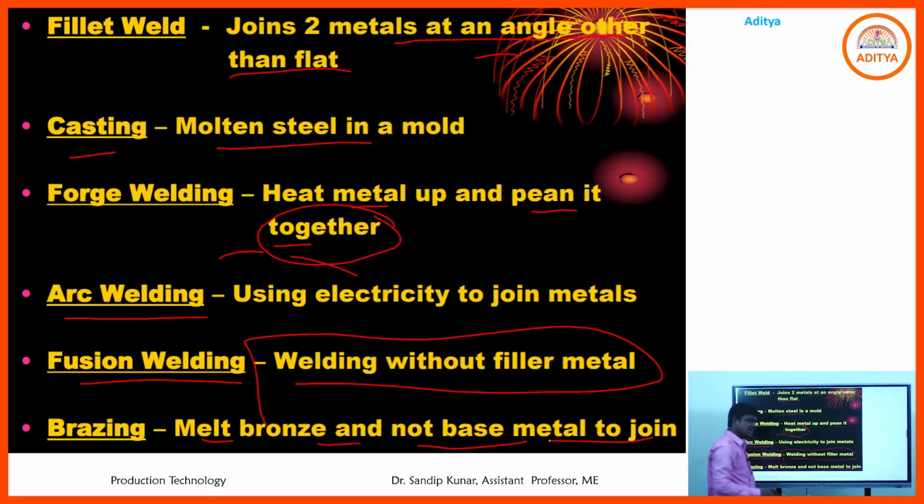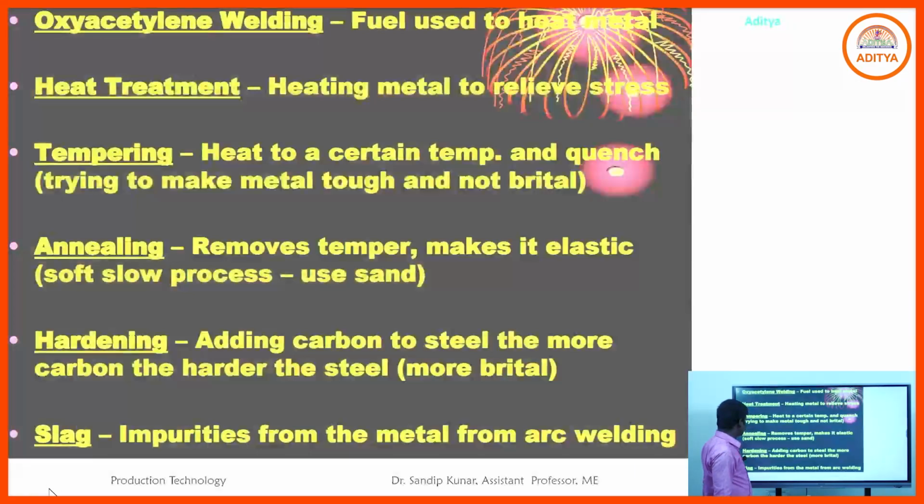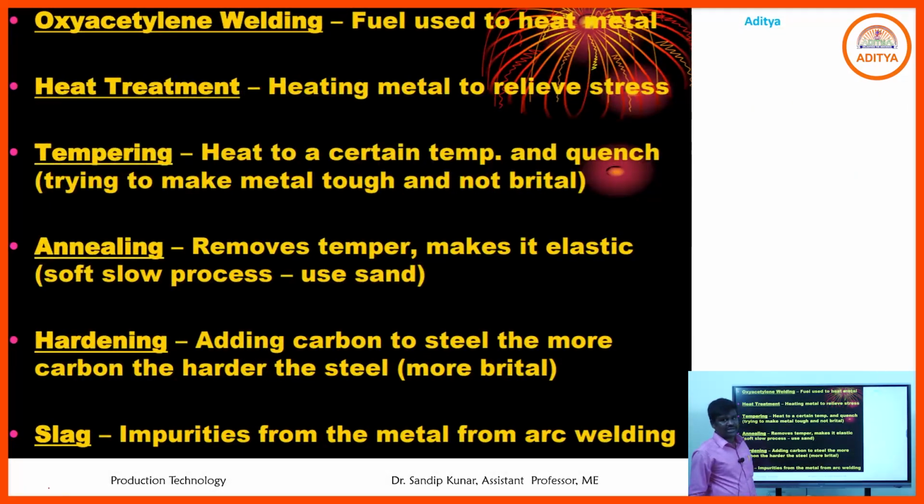After melting the bronze material, we join the two pieces, without melting the base metal. Okay. Now oxyacetylene welding: fuel is used to heat the metal, which helps to melt it. After melting the metal, the welding operation is done.